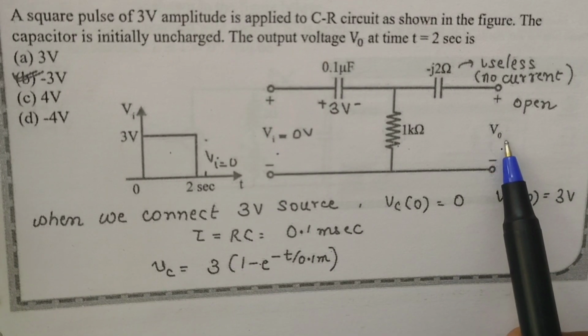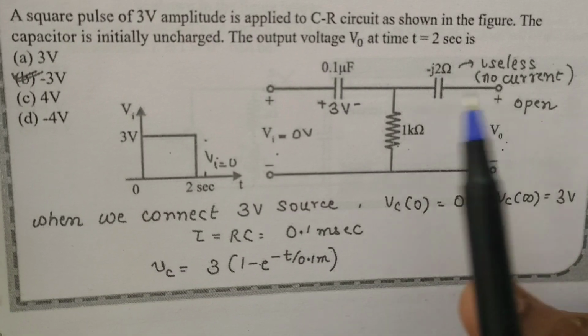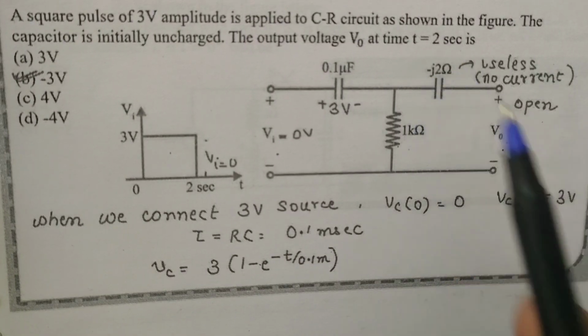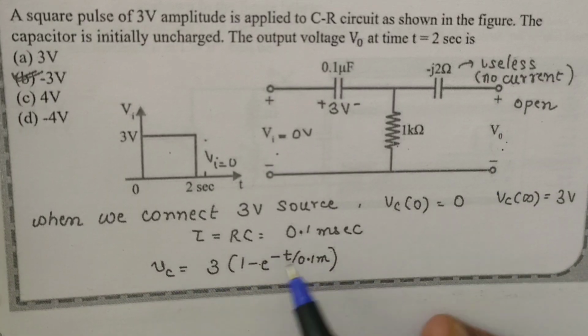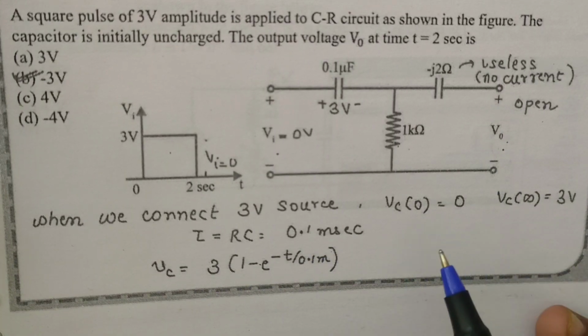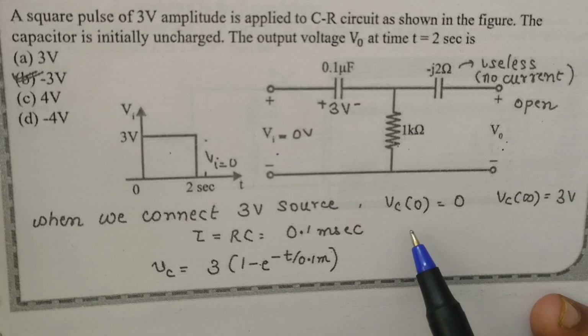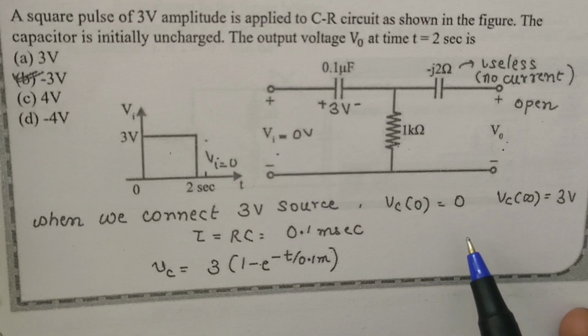Initially output voltage is 0, open circuit. So this capacitor is useless. No current flows through this capacitor. When we connect the 3 volt source, in initial conditions the capacitor acts as a short circuit.